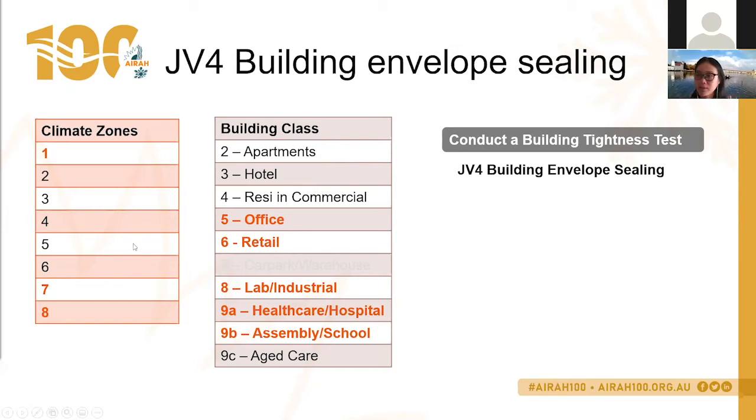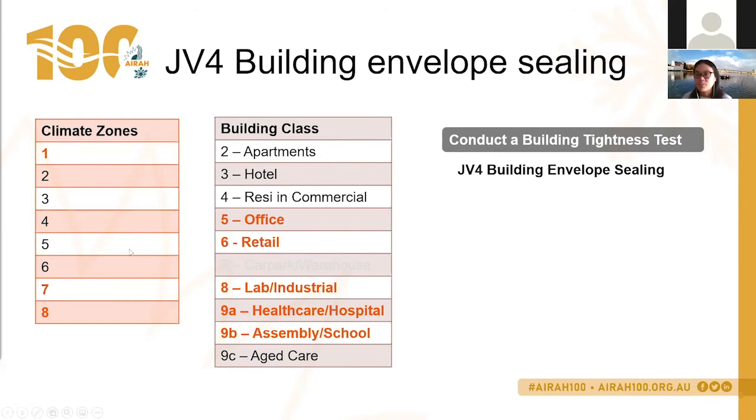And so what we were able to put through following a cost benefit analysis was only to have this requirement valid for climate zones 1, 7, and 8, which are the more extreme climate zones. So for these ones here, the requirement is 5 cubic meters per hour per square meter at 50 pascals.